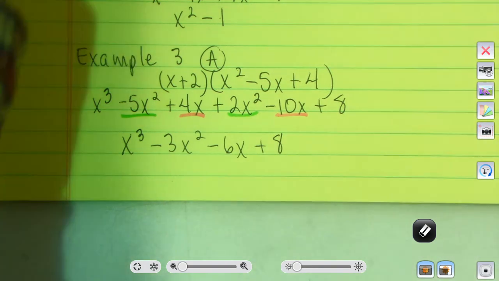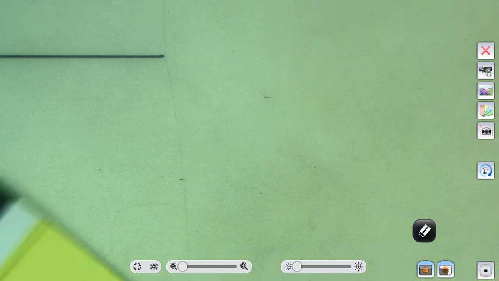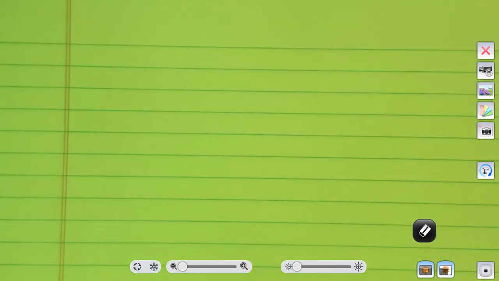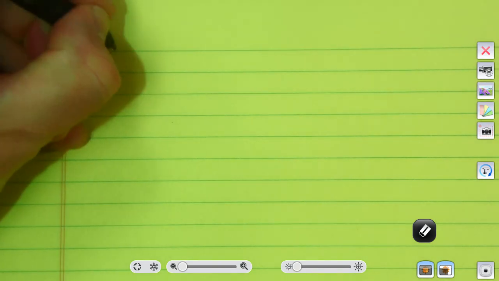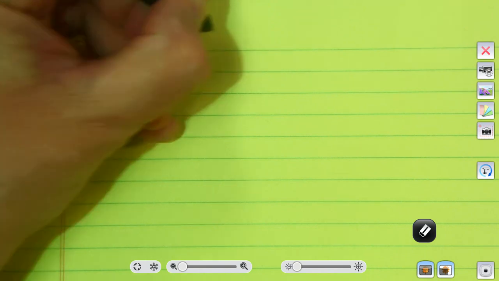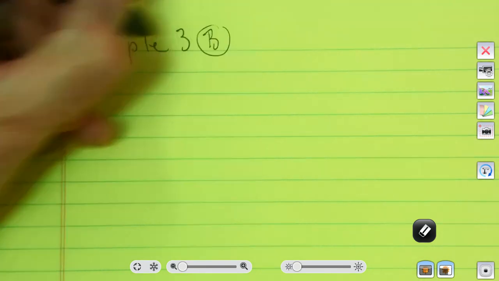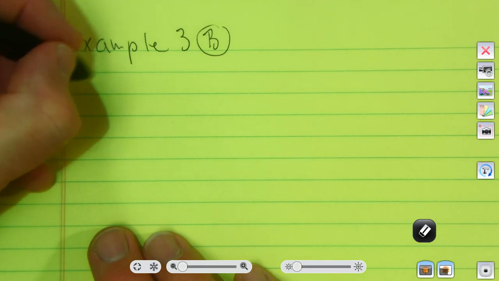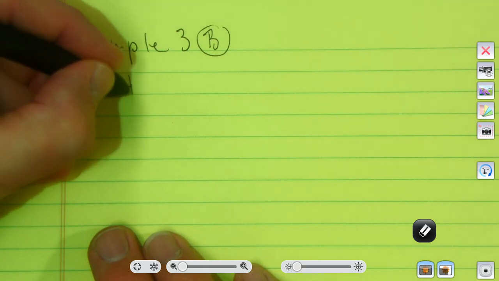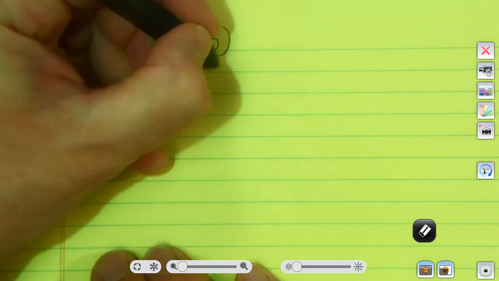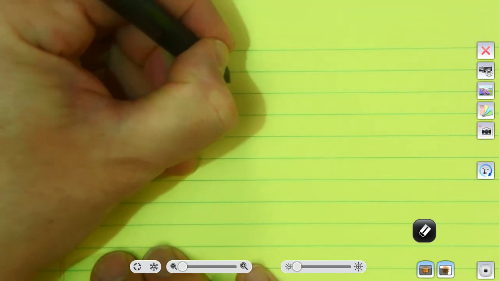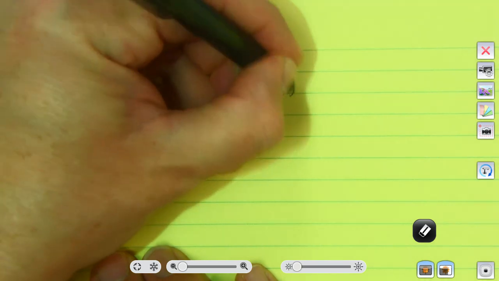All right, let's look at another example similar to example 3a, example 3b. So write down 3x minus 4, and then negative 2x squared plus 5x minus 6.